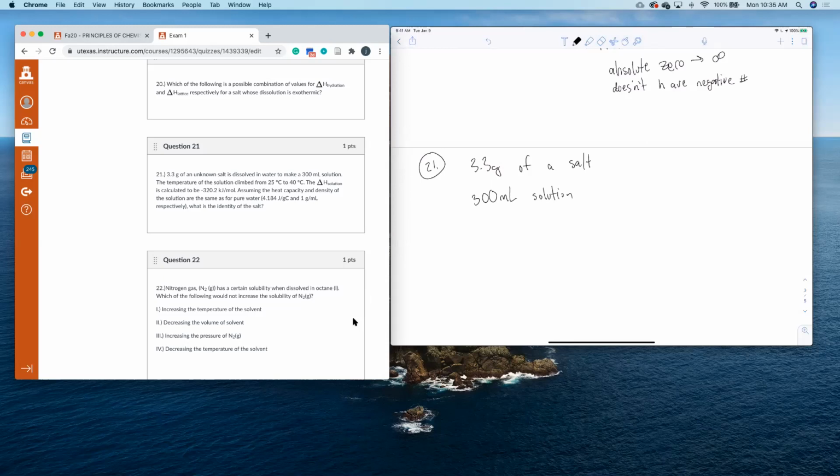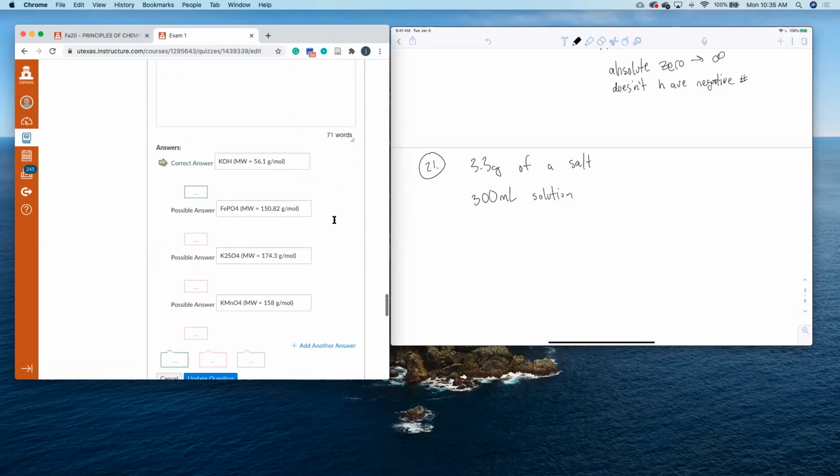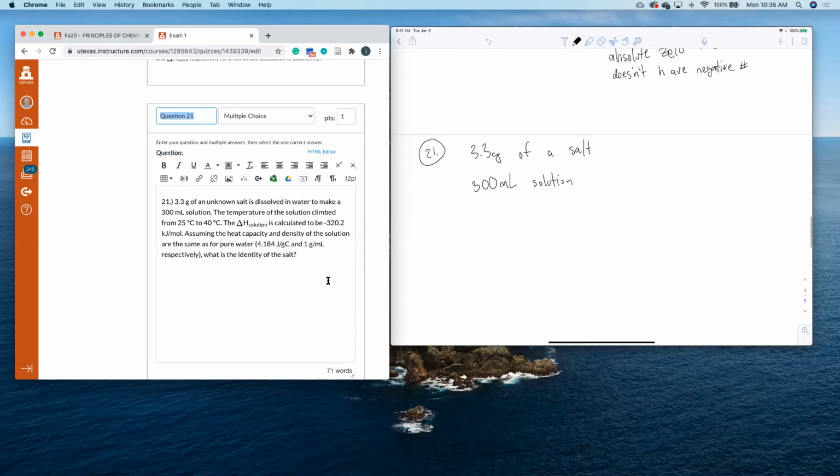We worked a couple of problems where you looked at the osmotic pressure and used that to calculate the molecular weight. Let's see what your choices are. They give you the molecular weights here. So all you're really trying to do here is find the molecular weight.